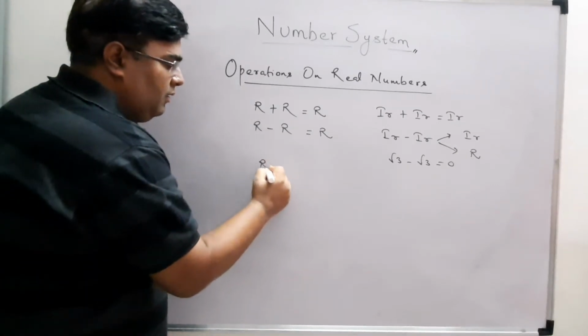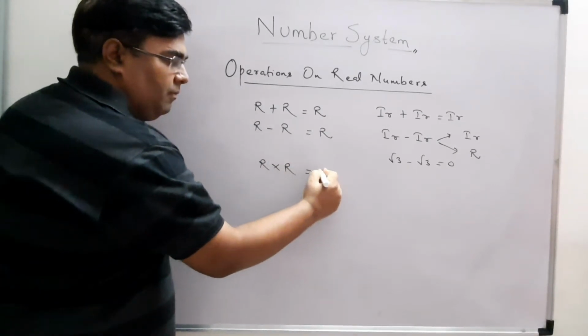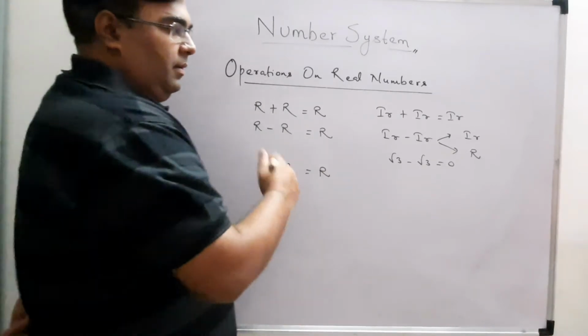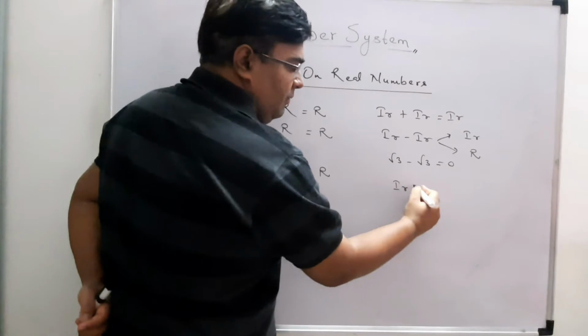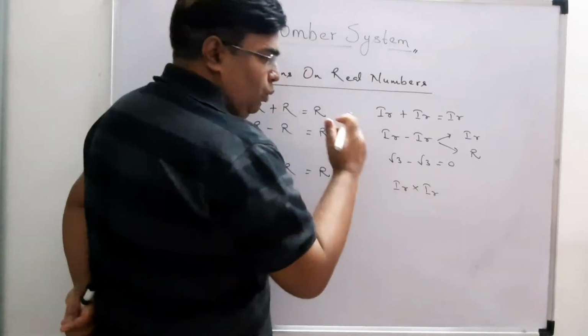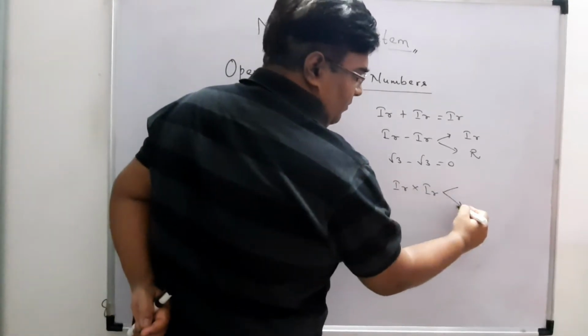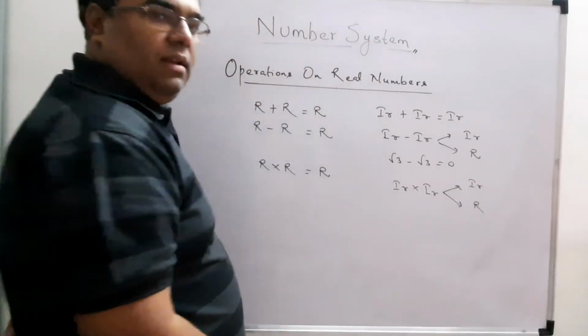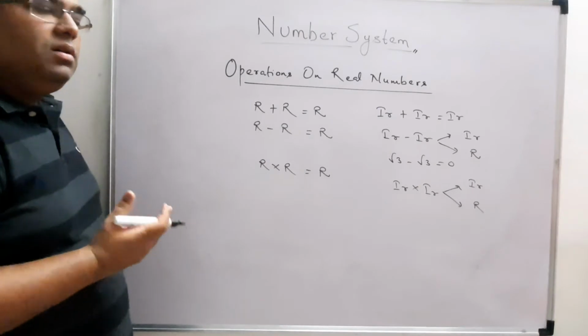Then multiplication. We have got rational here, but similarly when we multiply two irrational numbers, here also we can get either irrational or rational.